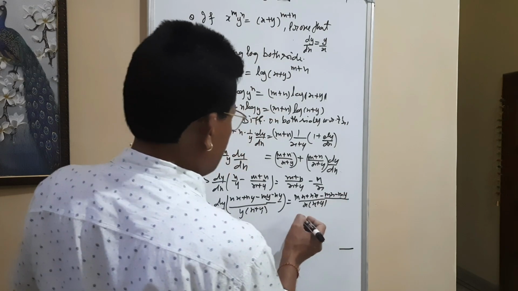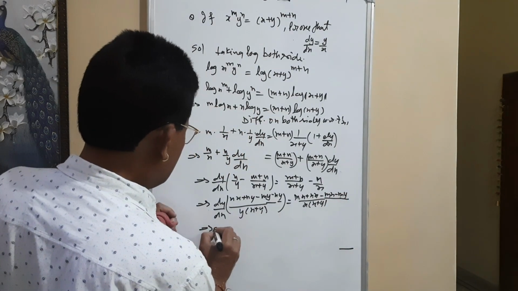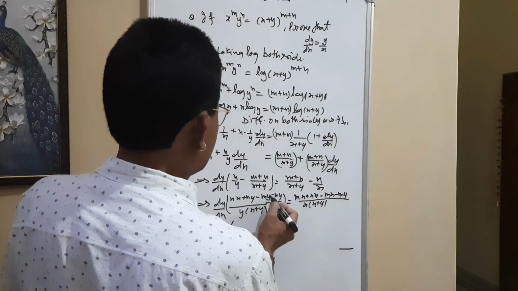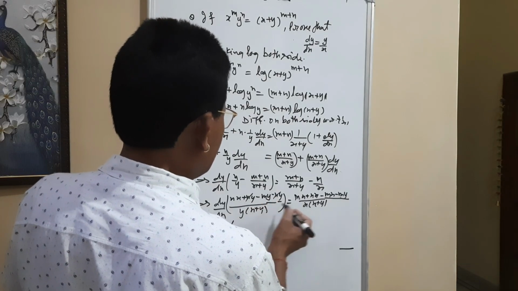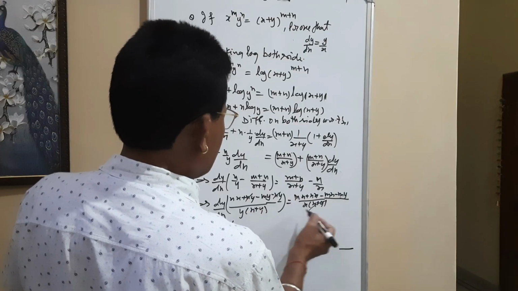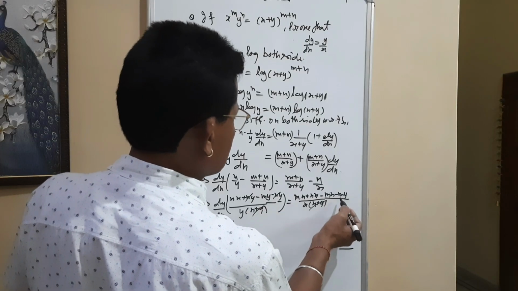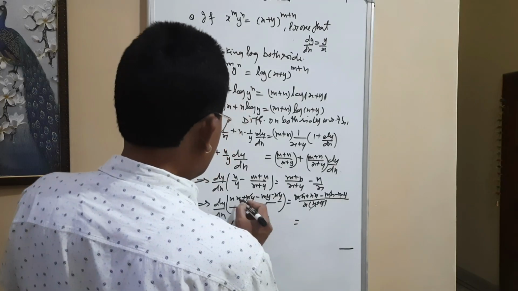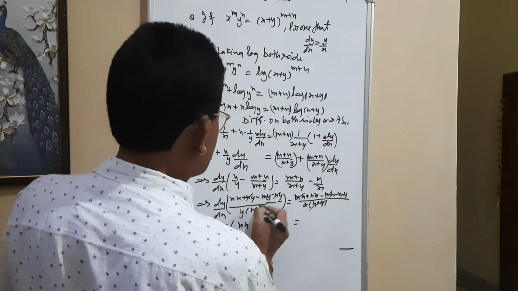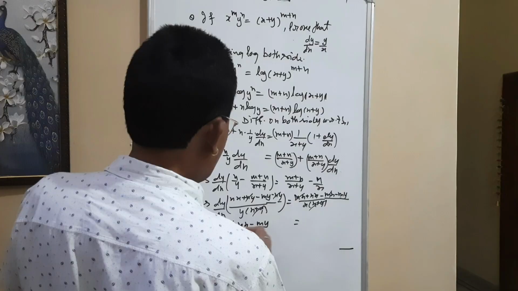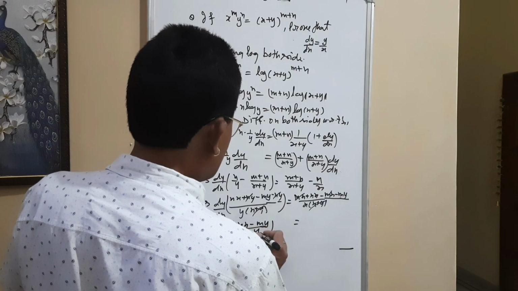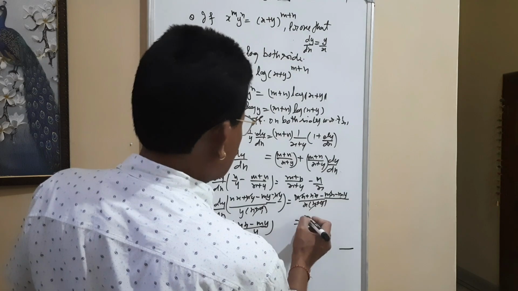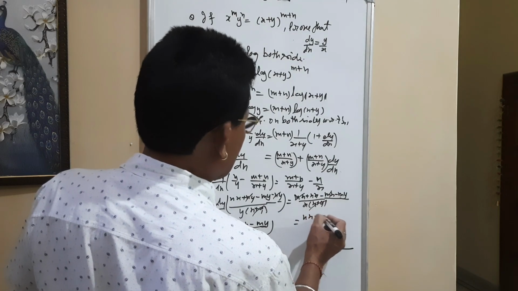My dear student, see carefully, and dy upon dx, I am taking, cancel the same terms: ny will be cancelled by ny, and it will be xy, x plus y, x plus y will be cancelled, mx will be cancelled by mx. On the left-hand side, it will be (nx minus my) upon y, equal to (nx minus my) upon x.